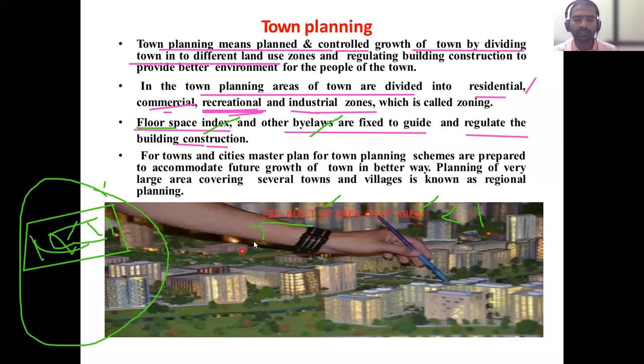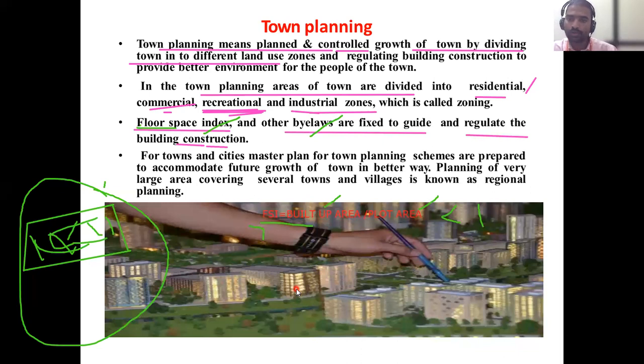Think that there is one area. This is the entire area. In the figure you see, this is one building, this is a separate building, and there are separate roads. There will be different regions: educational area, academic area, then commercial area, residential area, recreational area. These are buildings not only for today's population.